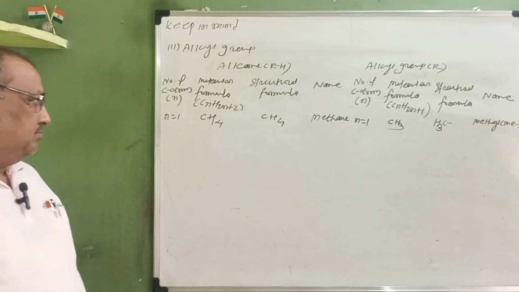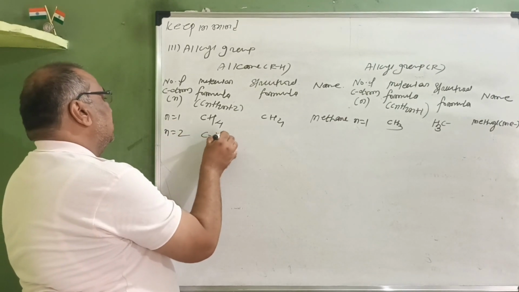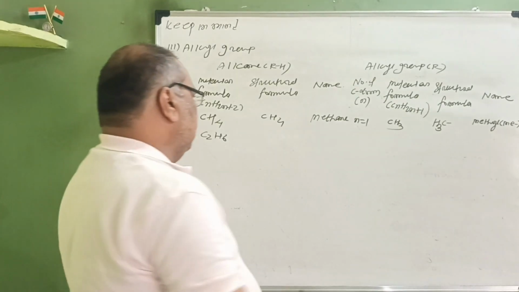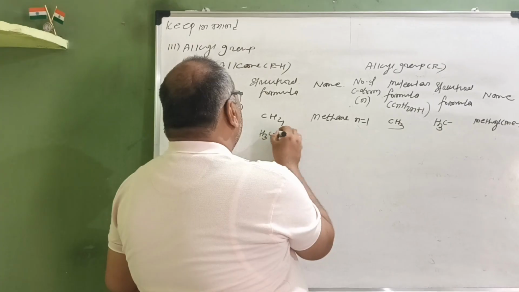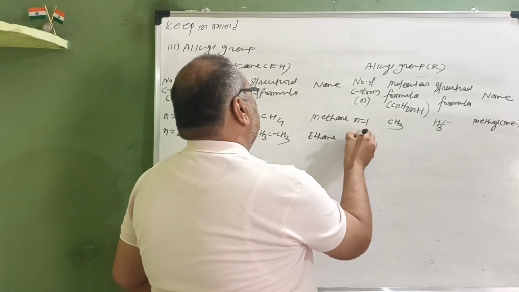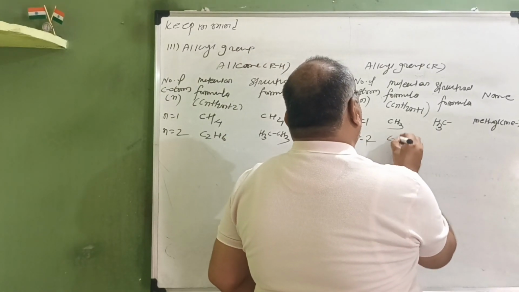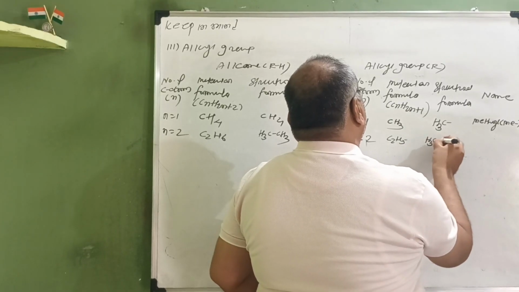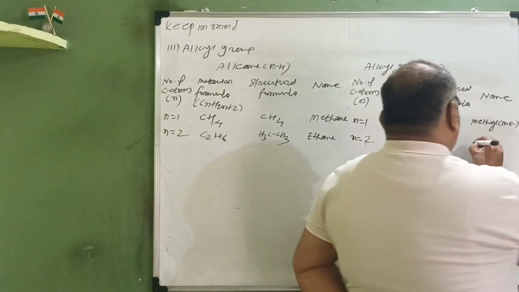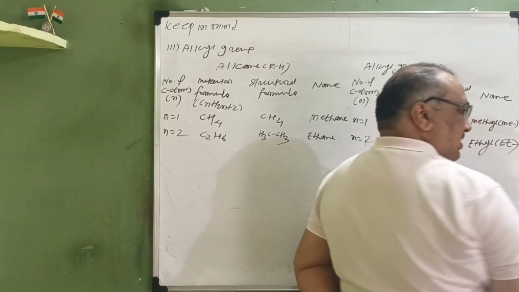Then next n equal to 2, C2H6, CH3 single bond CH3, ethane. Here write down C2H5, that is CH3 single bond CH2. Here name is ethyl and abbreviation is Et.